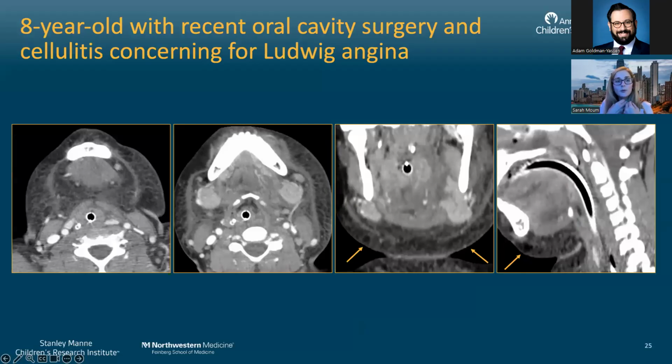Patients will present with this kind of firm neck edema. They'll have associated dyspnea, drooling, and concerning symptoms. Early intubation, as was done for this patient, is important to help maintain the airway while the team works on managing treatment for whatever infection may be going on.